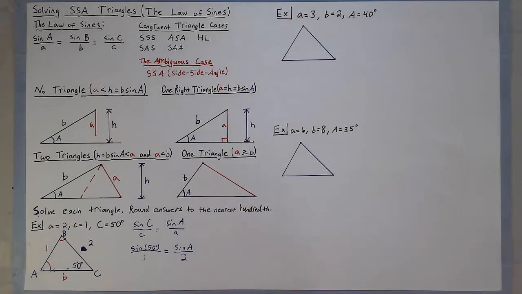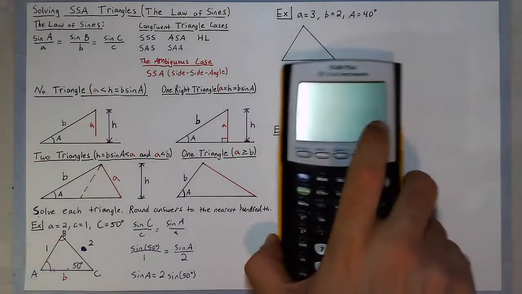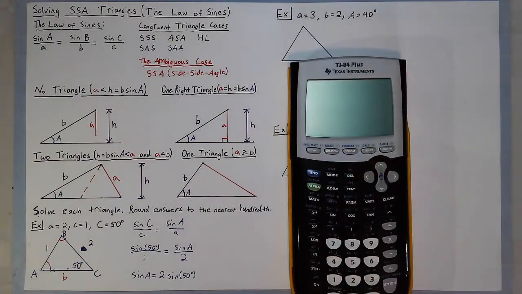Then I'll cross multiply to solve, giving me sine of A is equal to 2 sine of 50 degrees. So I'll figure out what 2 sine of 50 degrees is.